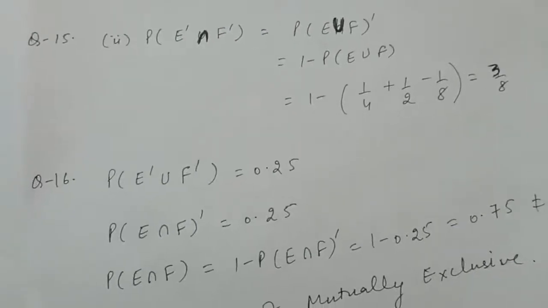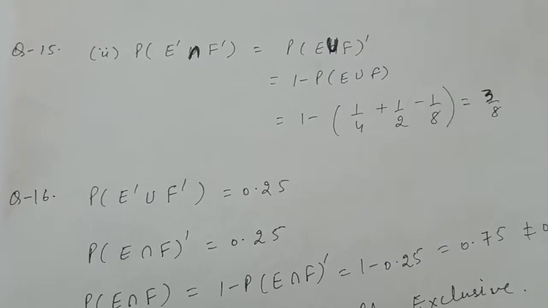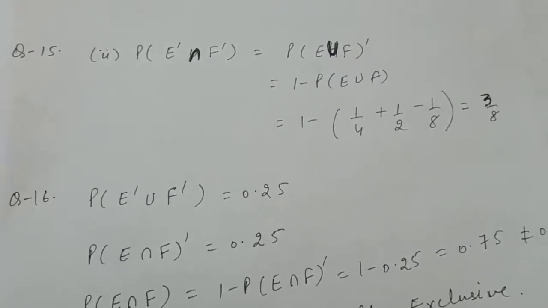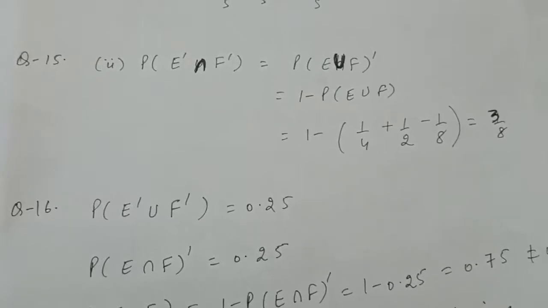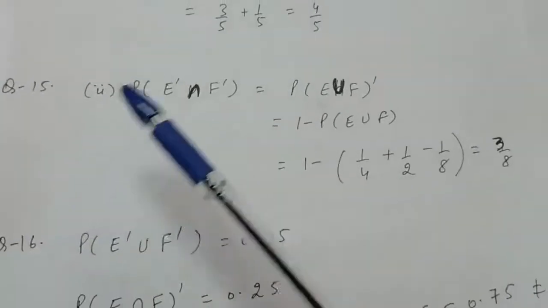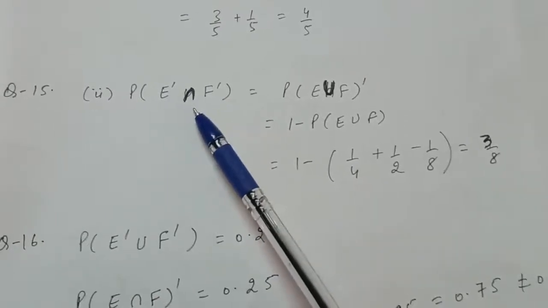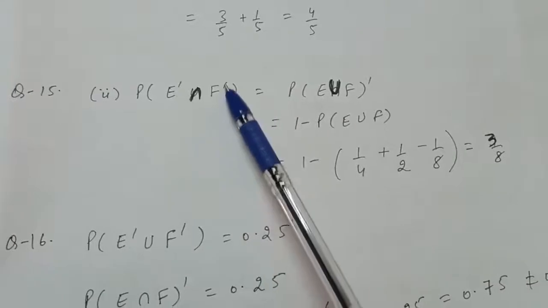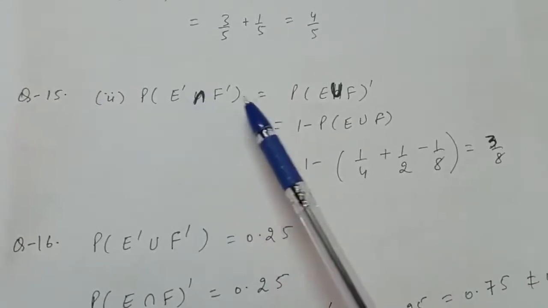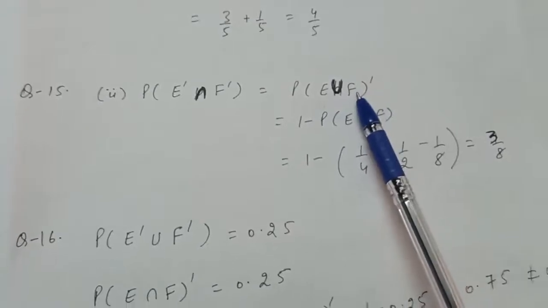Now, the next question number 15 is probability of E, of F, and of E intersection F is given. They have asked probability of, in the second part, not E and not F. That is, not E means E complement, and means intersection, and not F means F complement. So probability of this, now this can be written as E union F whole complement by De Morgan's law, right?